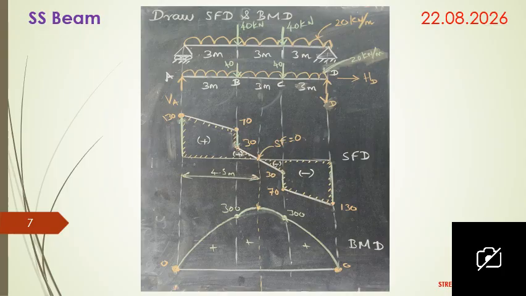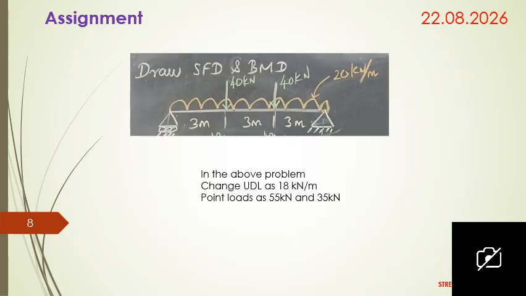Hope you all understand the concept. If you understand everything, you can solve a similar problem by changing the values. So in this problem, we have used 20 kilonewton per meter UDL.